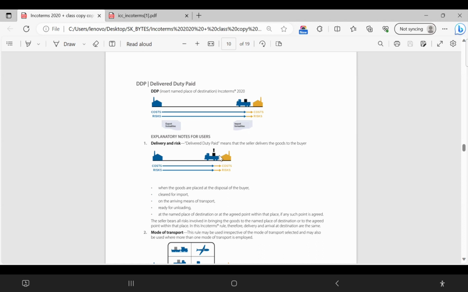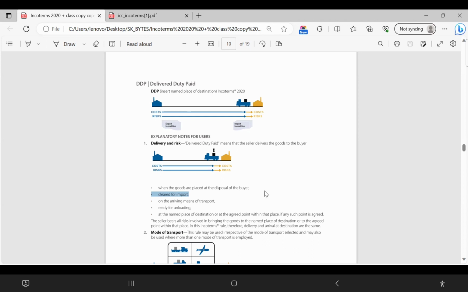Now, delivery duty paid means the seller delivers goods to the buyer when the goods are placed at the disposal of the buyer, similar to DAP, cleared for import. This is one additional point. So here, import clearance is also done by the exporter. It is quite the opposite of EXW, because EXW was giving the least obligation to the seller, and DDP is giving the least obligation to the buyer, right?